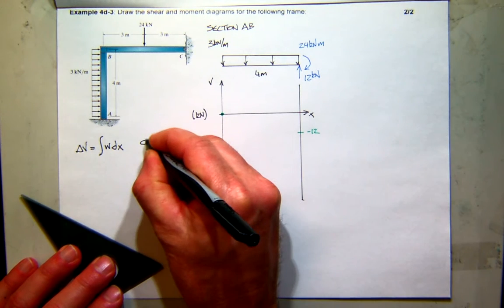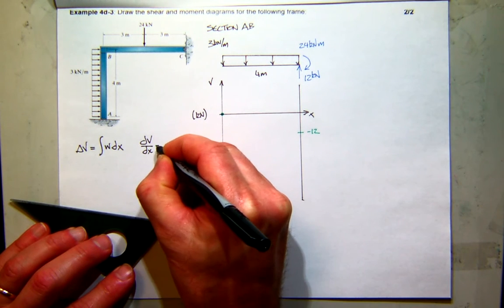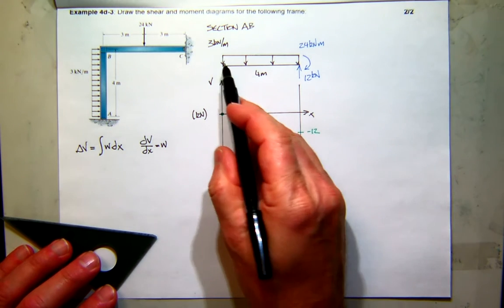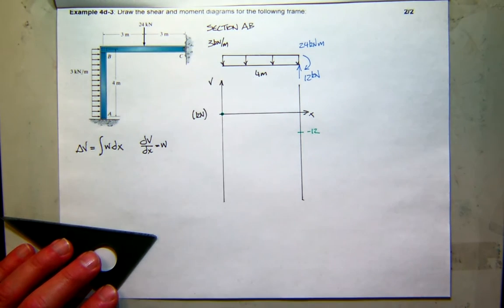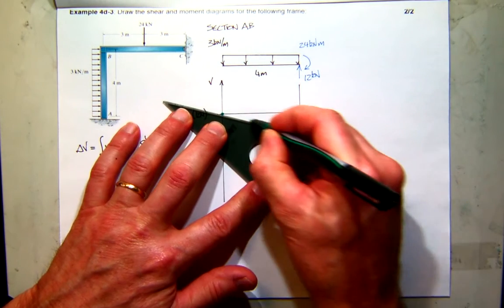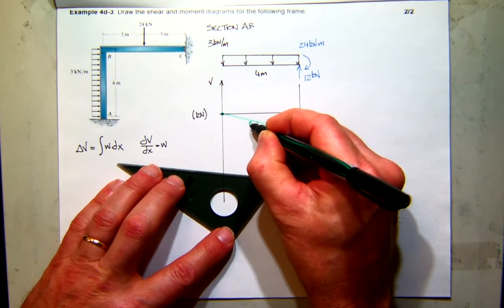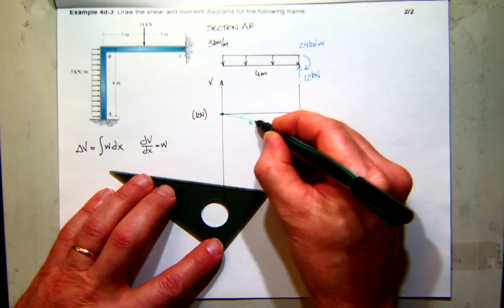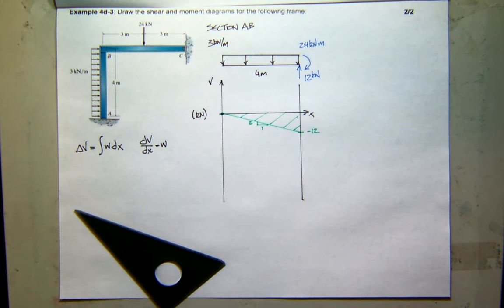The slope of the shear diagram should be equal to the loading. And what's the loading everywhere from A to B? It's constant, so it's 3, and it's negative, so I get a negative slope. So it's dropping 3 for every one we go. So that's our shear diagram.